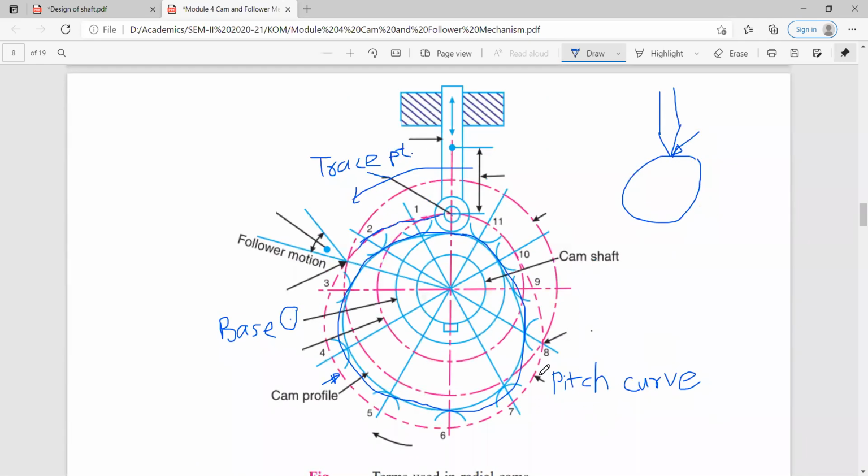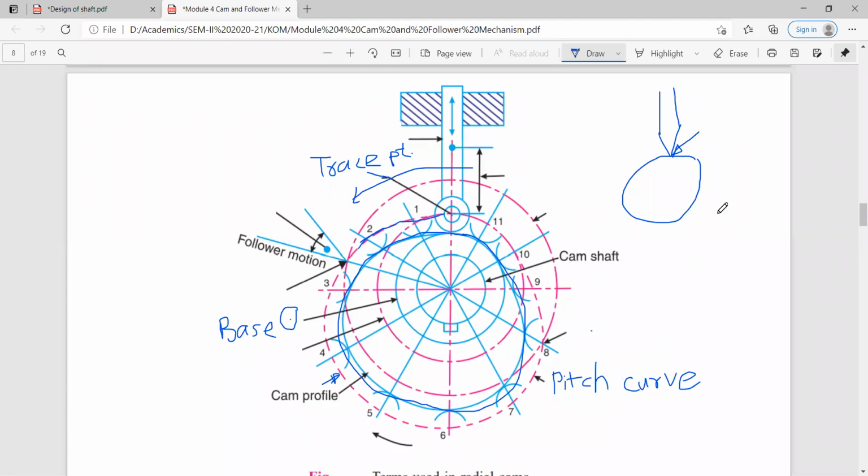This is the pitch curve. What is the pitch curve? The pitch curve is the path of the trace point when the follower moves along the cam surface. Whatever path the trace point has generated is called the pitch curve.